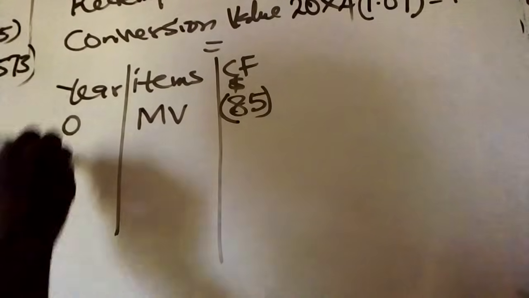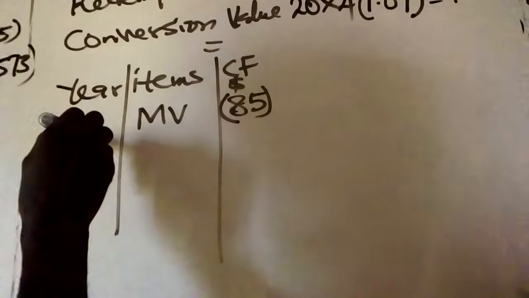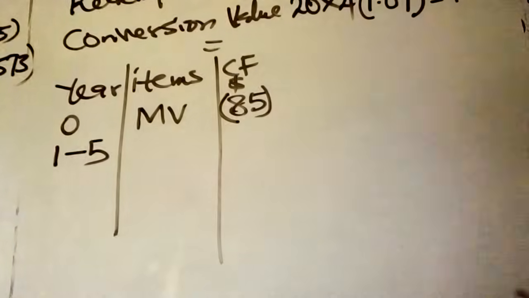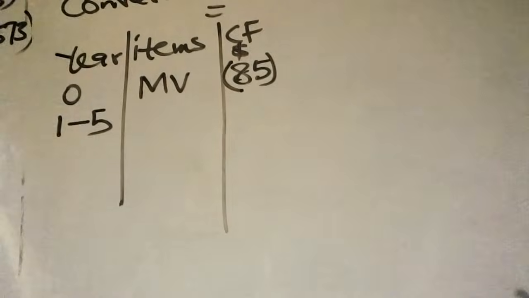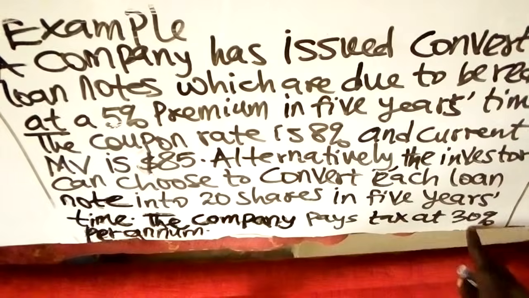Then it will be converted to shares in 5 years time. The annual interest is 8%. Then the tax savings on interest. The tax rate is 30%.